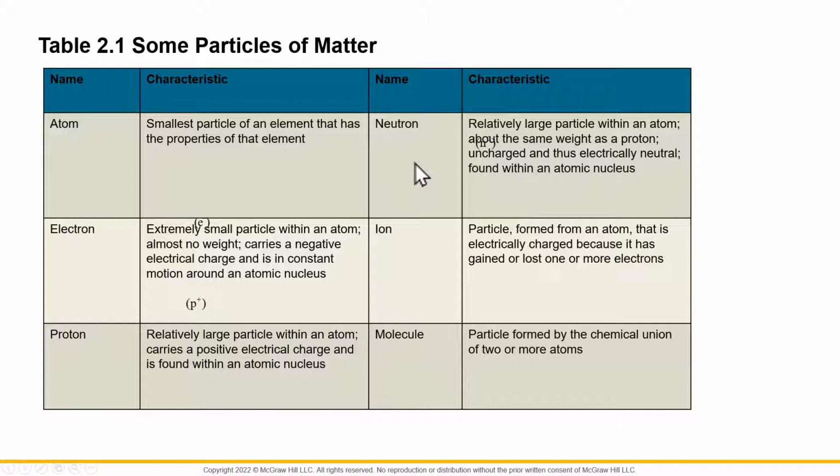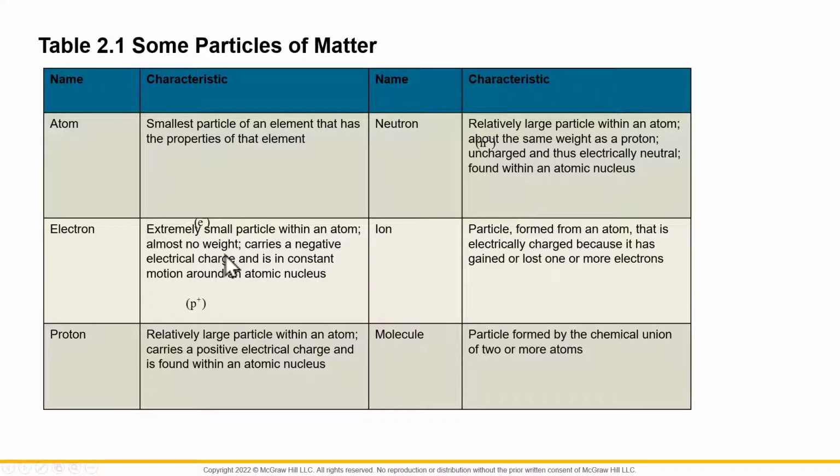And then in that nucleus, we have sometimes the same number of neutrons, sometimes not. Again, it's a large particle, but it's uncharged, so it doesn't change the charge of that nucleus. Around the nucleus, we have electrons. They are small, and they have a negative charge. They're in constant motion.